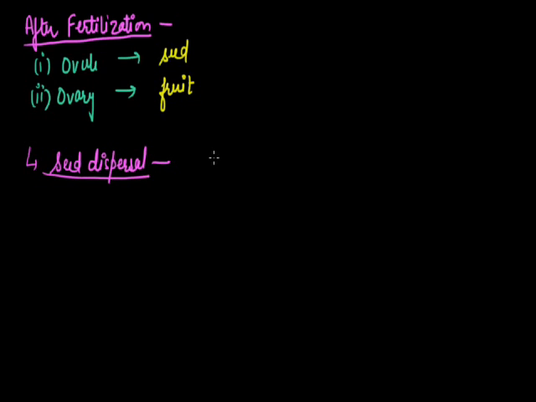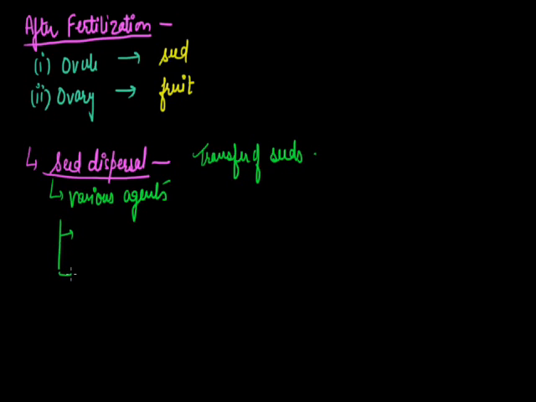Again, dispersal is the displacement or transfer of seeds from one place to another. Again, this transfer is done by various agents, which may be further categorized into abiotic and biotic components.